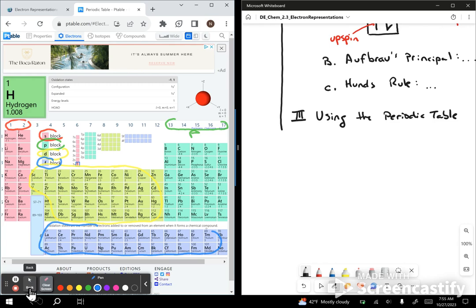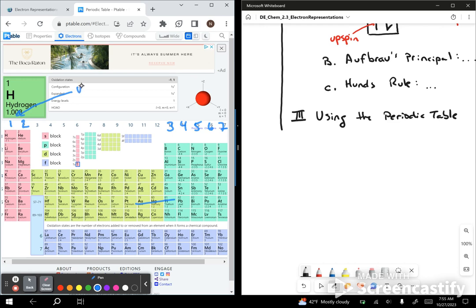If I go back, clear the screen, and come here, this is numbered 1, number 2. This is in the old nomenclature. This was 3, 4, 5, 6, 7, and the last one was 8. This represents your valence electrons. These were your valence electrons.